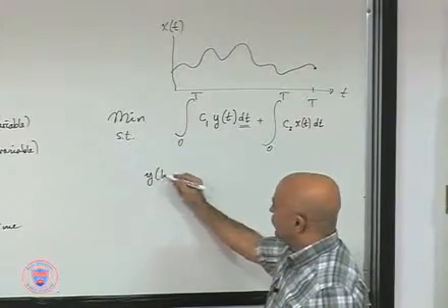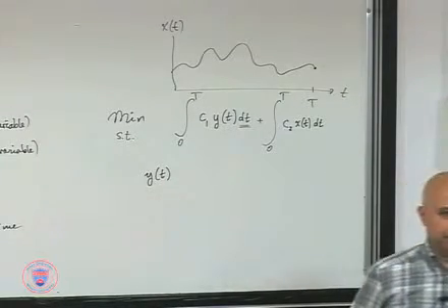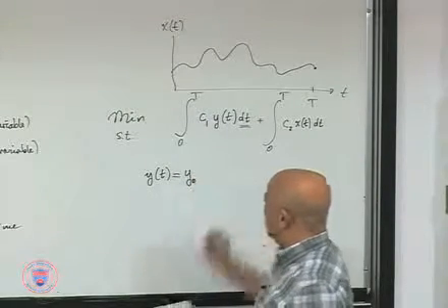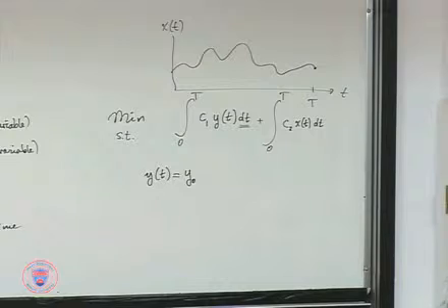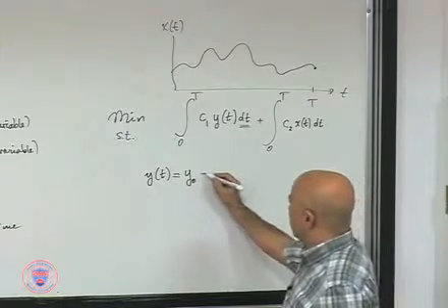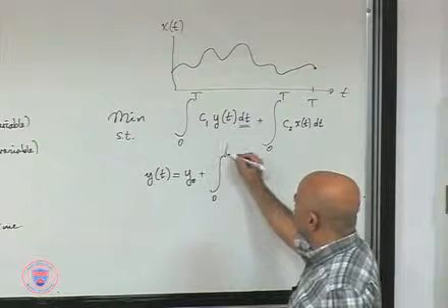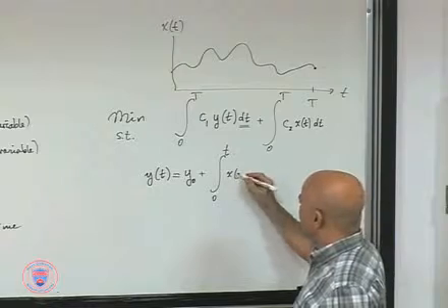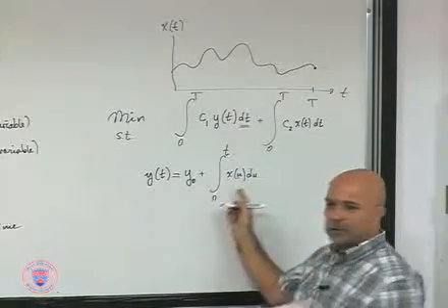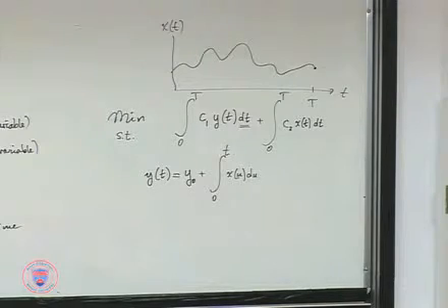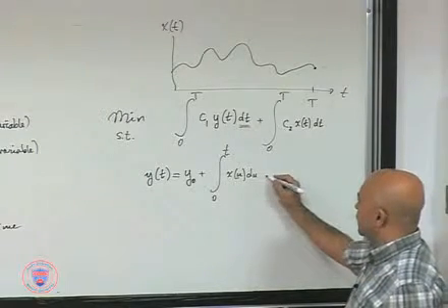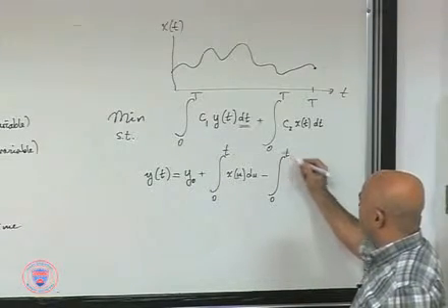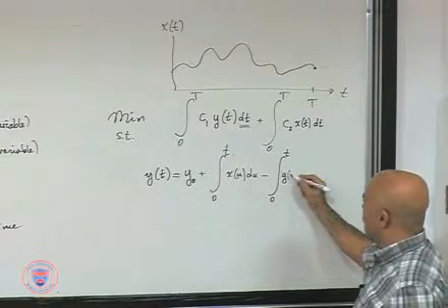Now, what you have in inventory at time t is going to be a function of what you had at the very beginning, which is y0, plus what you produce up to that time point, the integral of x of u du. This is the total you produced up to that time point, minus what you consumed, or the demand amount up to that time point, which is the integral of g of u du.